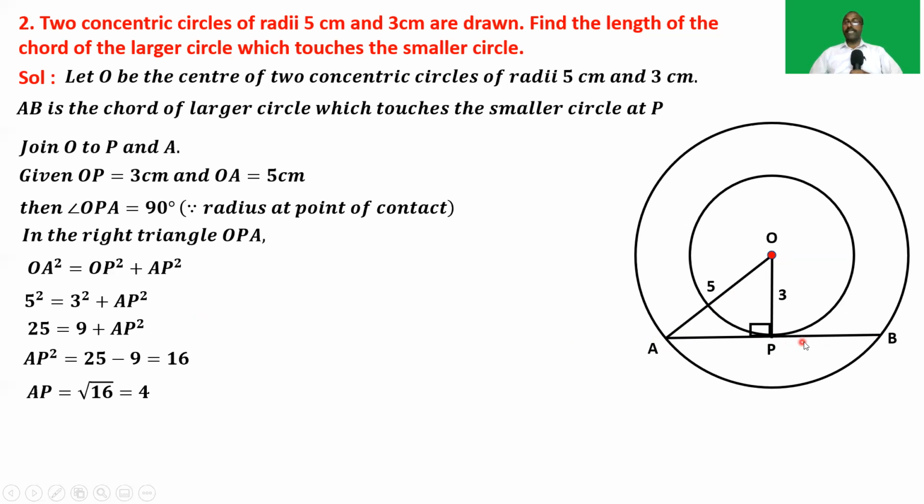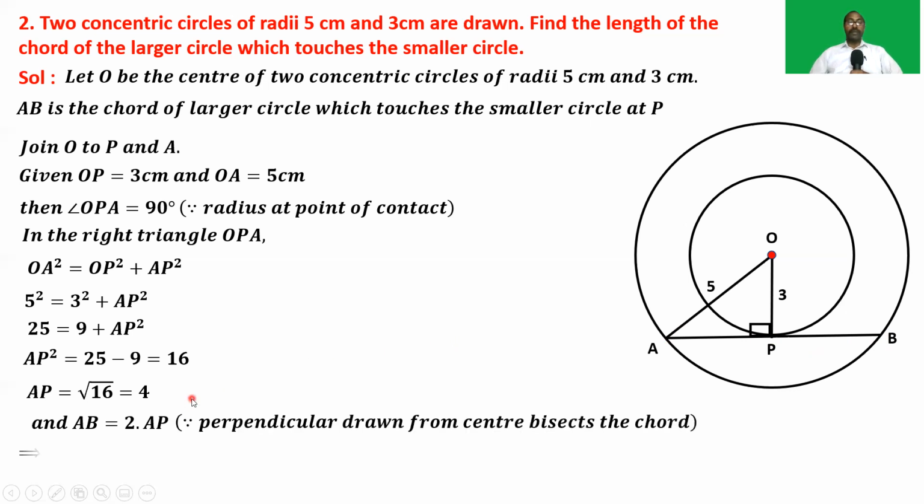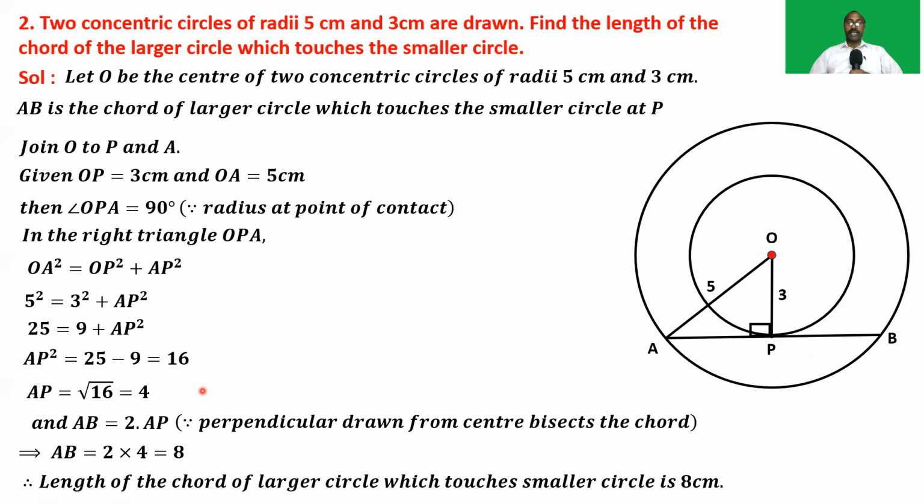That is AP is equal to PB. So AB is equal to 2 into AP, which is 2 into 4, equal to 8. So the length of the chord of larger circle which touches smaller circle is 8 centimeters.